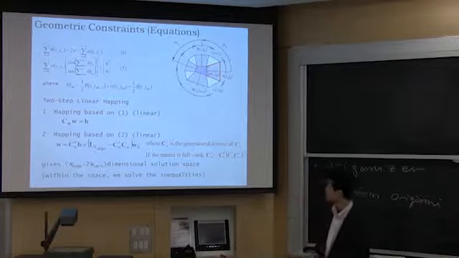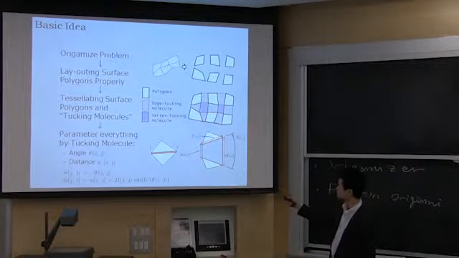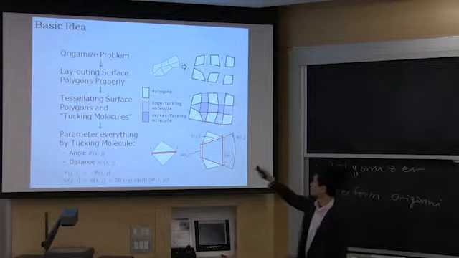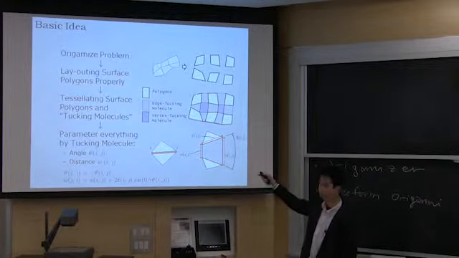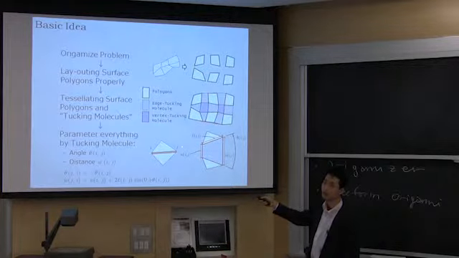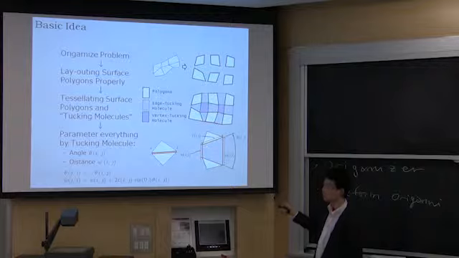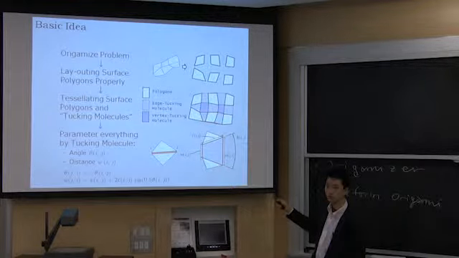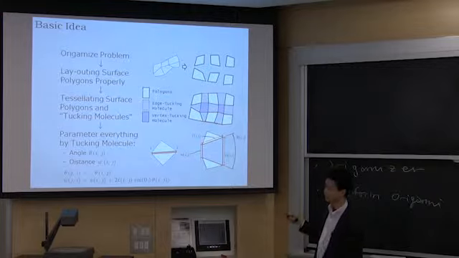In an intuitive way, if you lay out polygons, I want to fold this line onto this line, so with a single line you have to keep this symmetric against some line. So that gives a constraint.